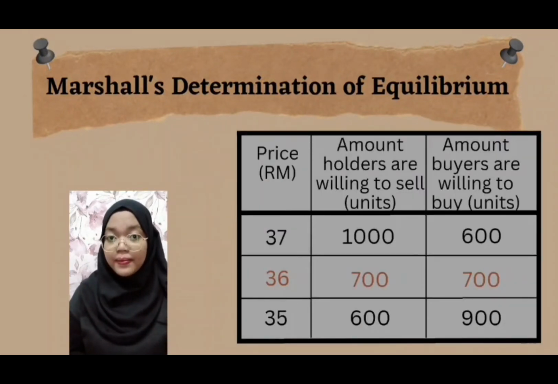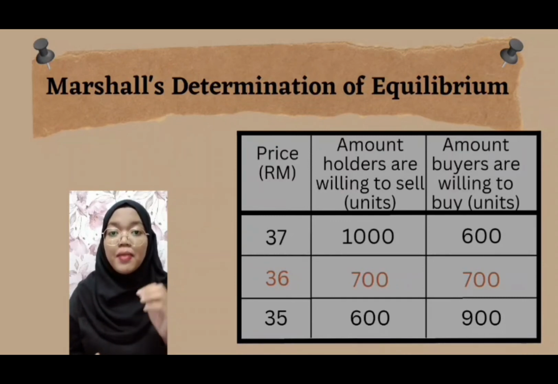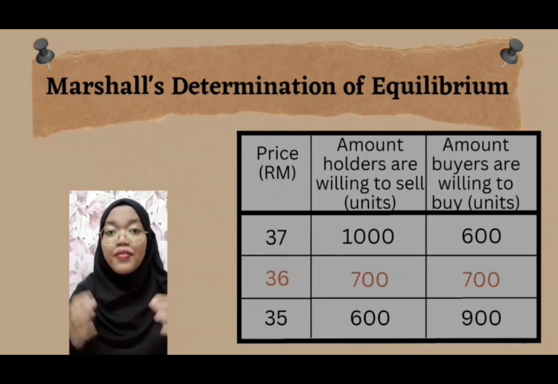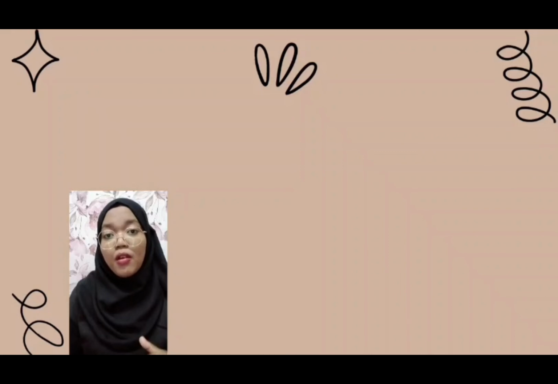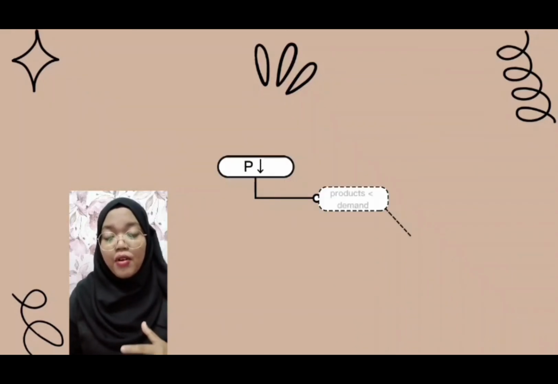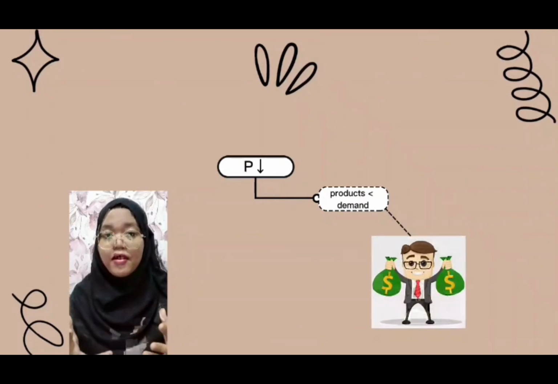On the other hand, if the price were RM35, suppliers would be willing to sell 300 fewer units of wheat than demanders desire. This shortage of yearlies would drive the price upward. And of course, the seller doesn't want to sell more units when the price falls because they don't want to make a loss. They just want to get more profit.